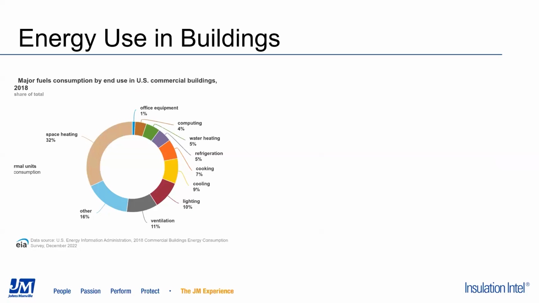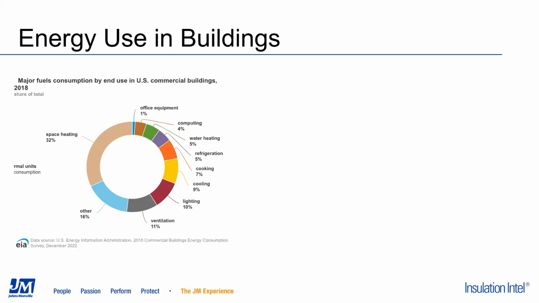Pivoting over to commercial buildings for a second. We've got data here for commercial buildings in the US from 2018. That's a while ago, but that's the most recent really good survey of commercial building energy use that we have. Lumping all commercial buildings together, new and existing, we see space heating again jumps out as the single biggest component.